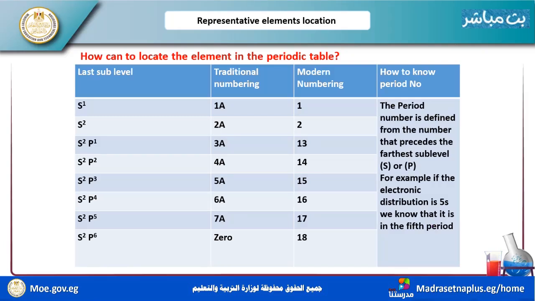Now we can determine the location of any element by knowing the n before the farthest s or p, which expresses the number of the period. n to the power s or p, or the summation of s and p, gives the location in the group 1A, 2A, and so on to 0.